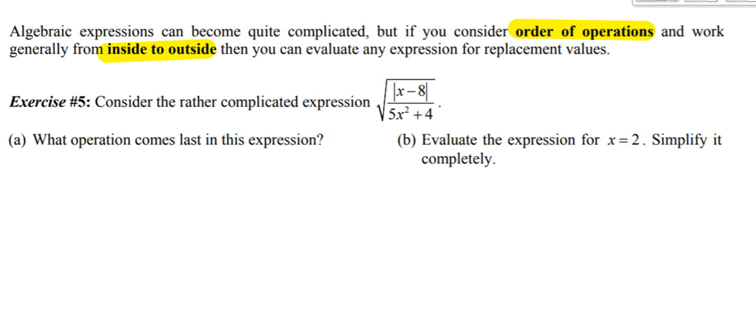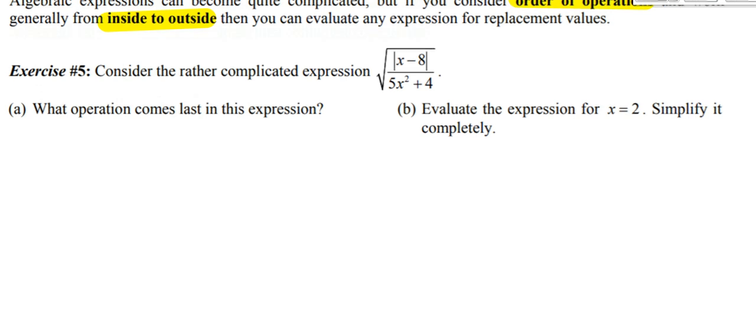So when I think about this, the last thing that I'm going to do when I plug x equals 2 into this expression, I may not know. So what if I don't know? Why don't I try doing part B first and seeing what my last step would be? So I have the square root of the absolute value of 2 minus 8 over 5 times 2 squared plus 4.